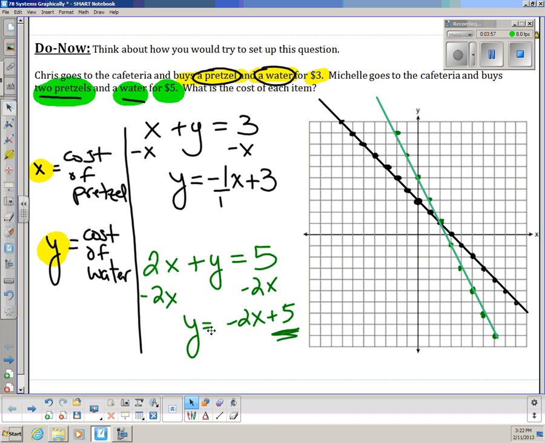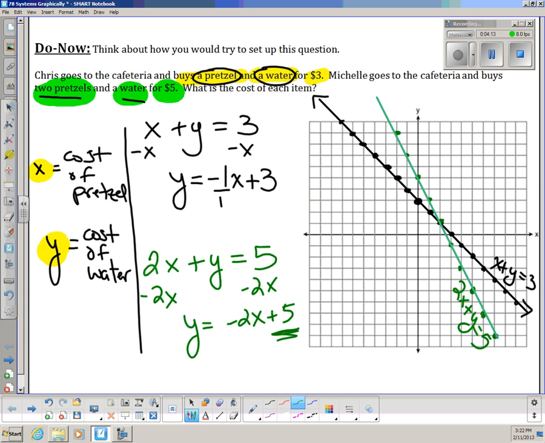And notice, actually, when you graph 2 lines on an axis, what you should do is label with the original equation, like so. And notice, the 2 lines actually meet.